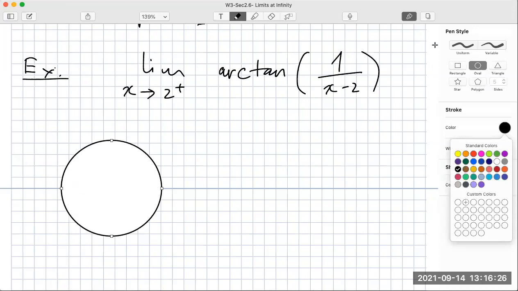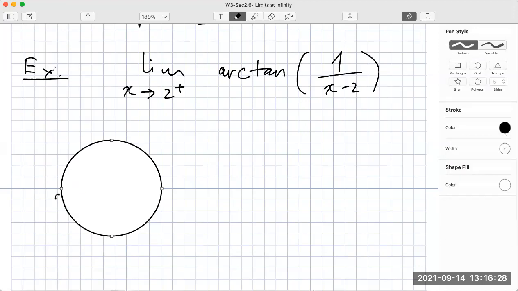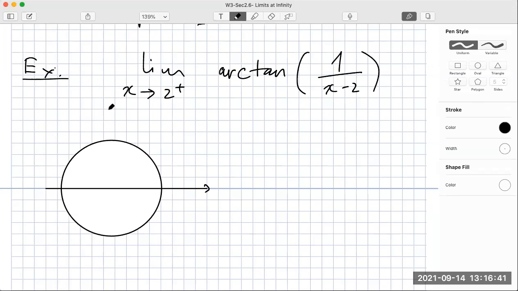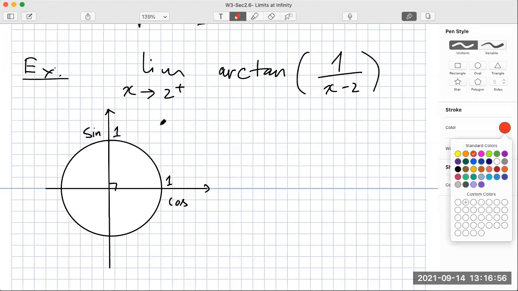Okay, again, let us draw the unit circle. Do you remember where the tangent axis is?